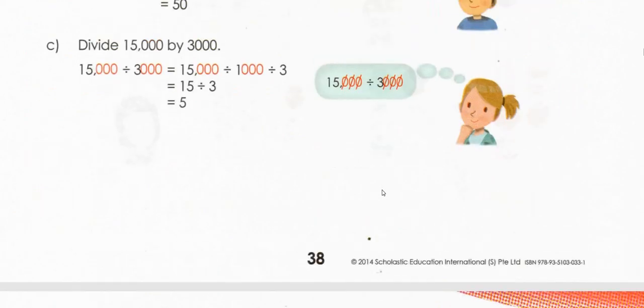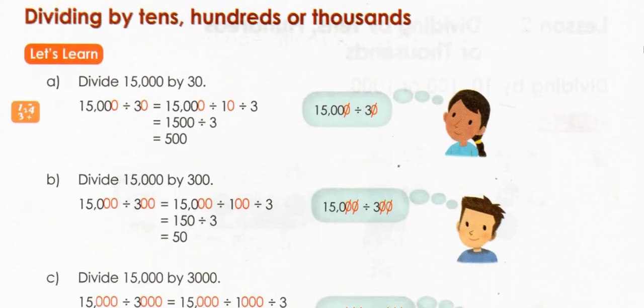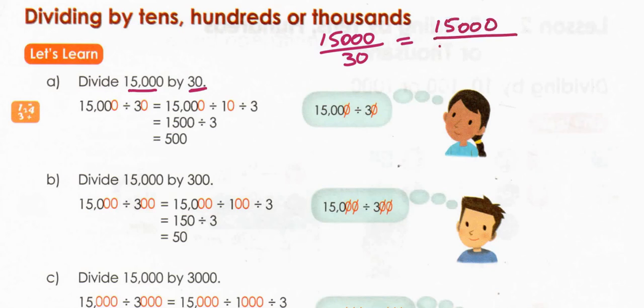Now we'll see. Here I'll just explain what you did in multiplication. In the same way you are going to divide other numbers. Example I'll tell you. 15,000 divided by 30. I'll write it down like this. 30 can be written as 3 into 10.